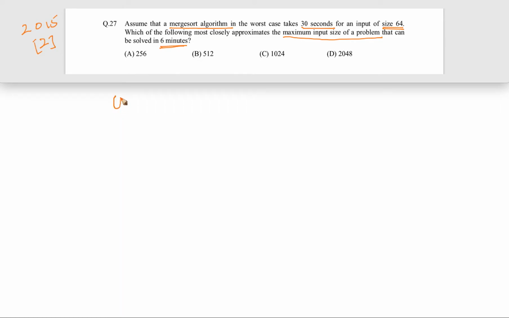And we all know that the merge sort algorithm runs in theta n log n time, right? Theta n log n time literally means something like c1 into n into log n, where c1 is some constant.